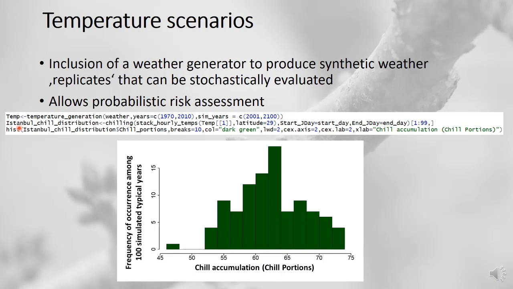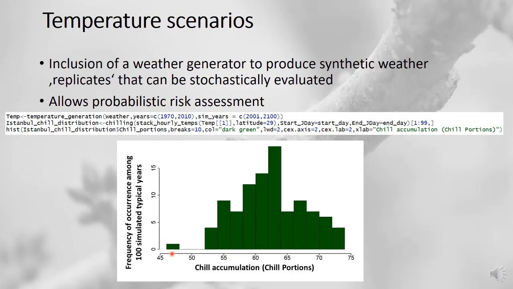So here we have now plausible weather, probable weather, possible weather for Istanbul for 100 simulated years, typical years that represent the time period indicated by these years here, 1970 to 2010. So according to the typical weather at Istanbul, the most probable chill accumulation here is something like 63 chill portions, but pretty much anything between about 45 and 75 chill portions is possible.